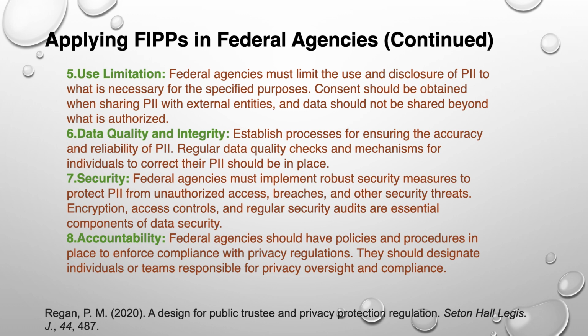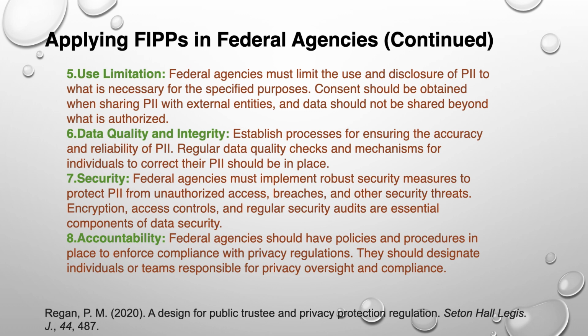Next, we have use limitation. Agencies must limit PII's use to what's necessary, obtaining consent for external sharing. Then, data quality and integrity. Maintain accurate PII through regular checks and correction mechanisms. The next principle is security.